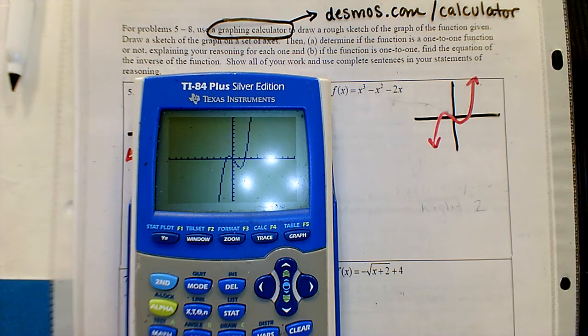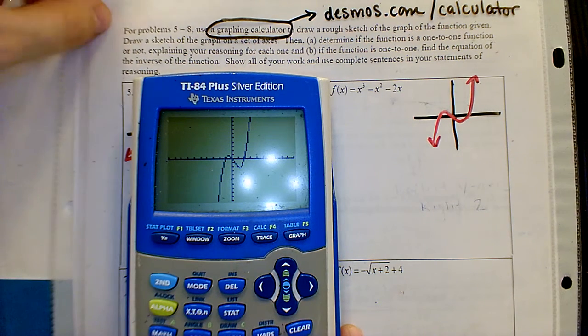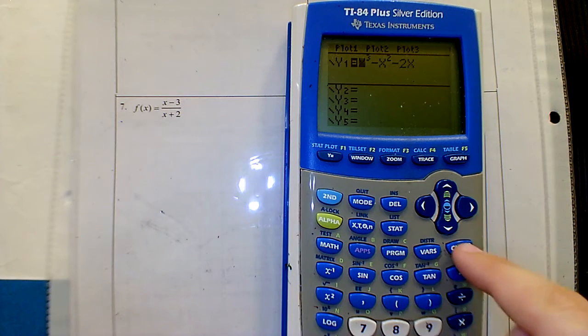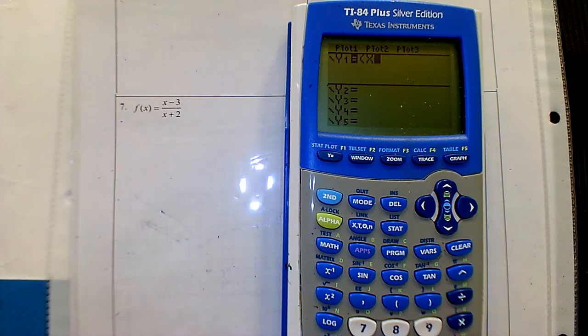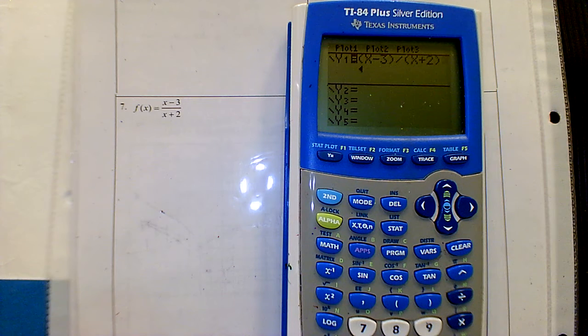So there's a rough sketch. You should be able to determine if that's 1-to-1 or not, and then proceed from there. Let's check out the next one. Another fraction, so whole top in parentheses divided by whole bottom.